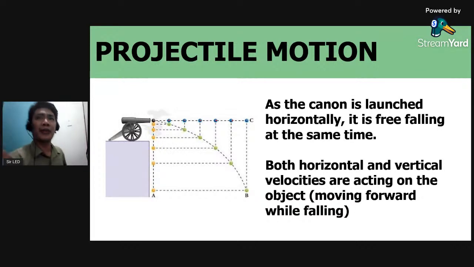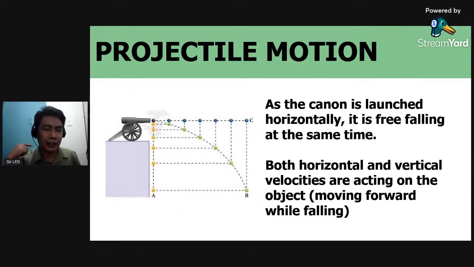So in other words, in this particular picture, the cannonball is moving horizontally and moving vertically at the same time. Both horizontal and vertical velocities are acting on the object. Therefore it is moving forward while falling.